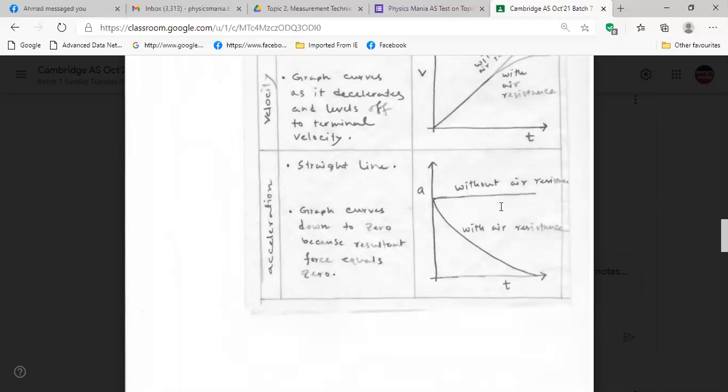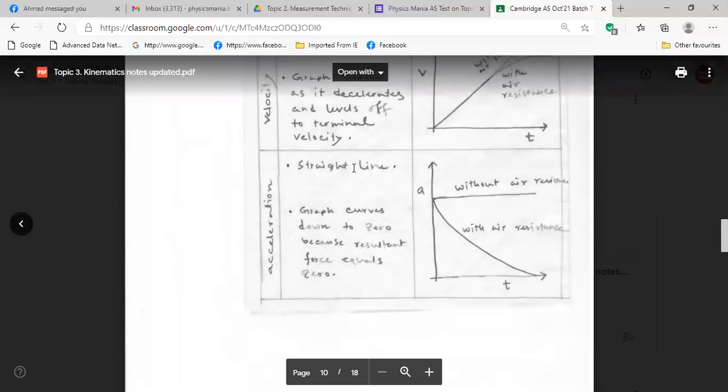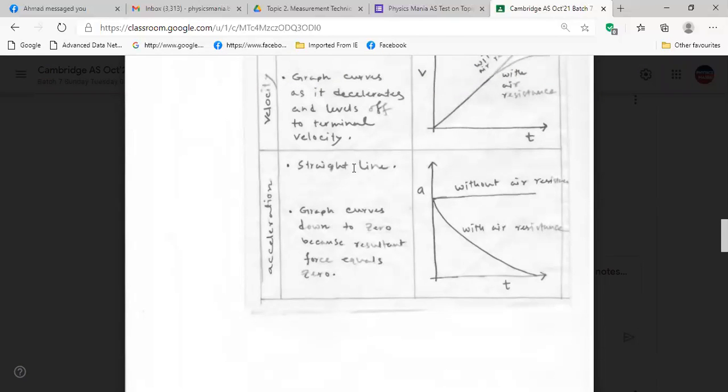A straight line, like you have for the velocity-time graph. It is constant acceleration. It's written here: straight line, parallel to time axis.